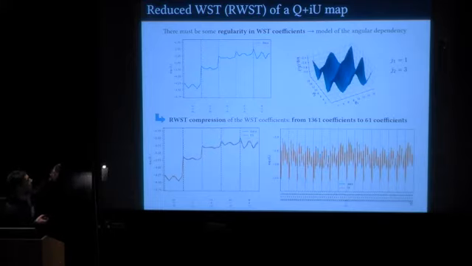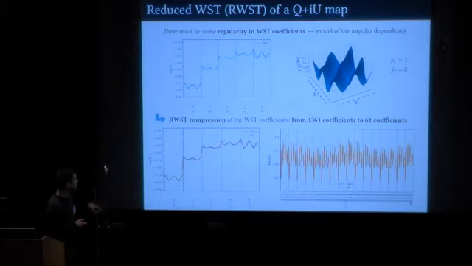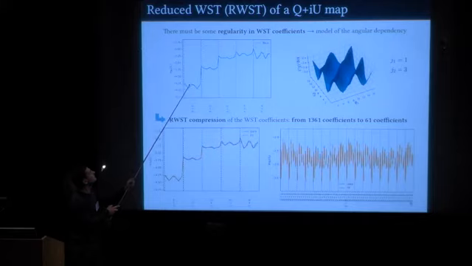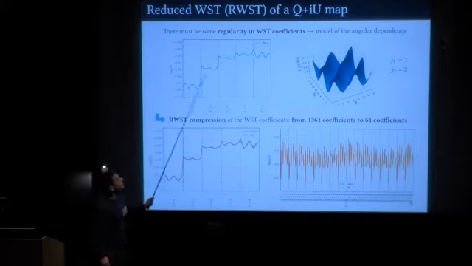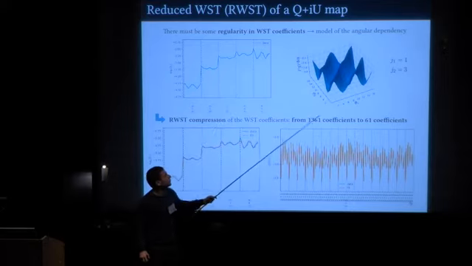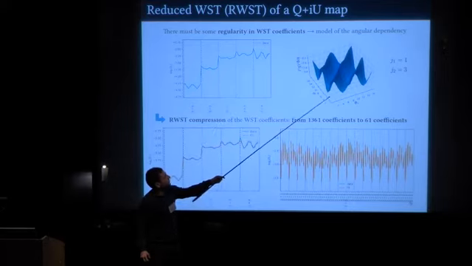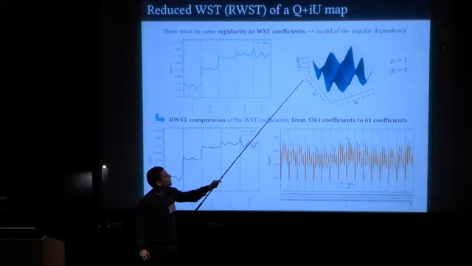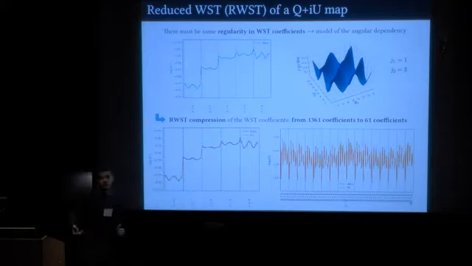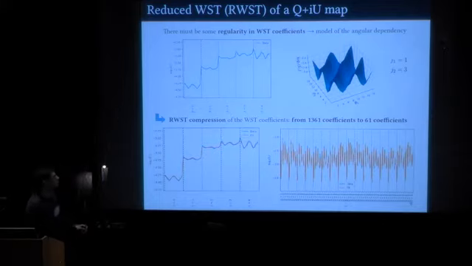When we look at the angular dependency of these coefficients, we see some regular patterns. For a fixed scale, there are simple patterns in the coefficients of the first layer. For some coefficients of the second layer, for given scales, the angular function is really smooth. This is something we want to exploit in order to compress our statistical description.